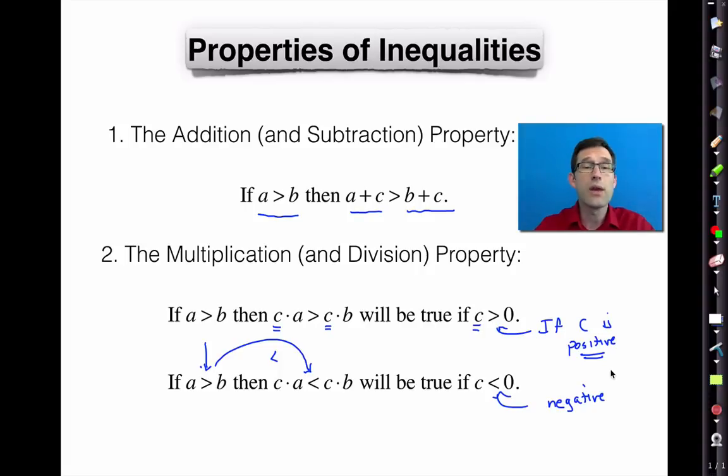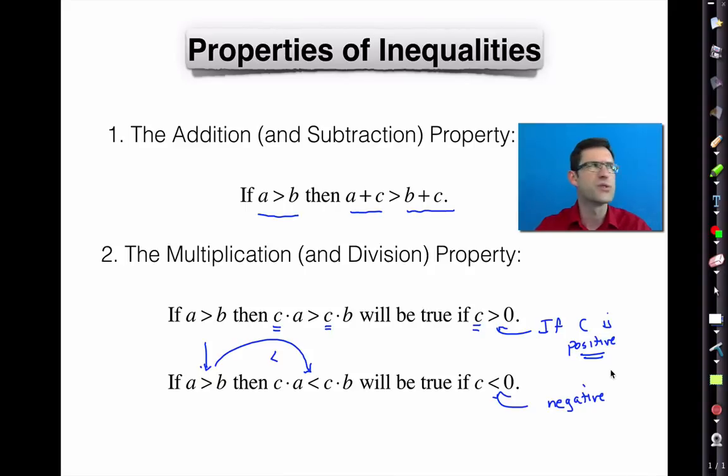Solving a linear inequality works exactly like solving a linear equation with one exception. If you either multiply or divide both sides of the inequality by a negative, then you must flip the inequality symbol. Because if you don't flip the inequality symbol, the inequality will go from true to false.